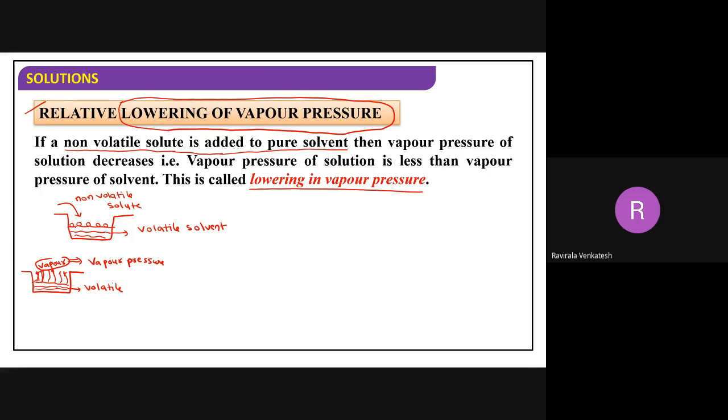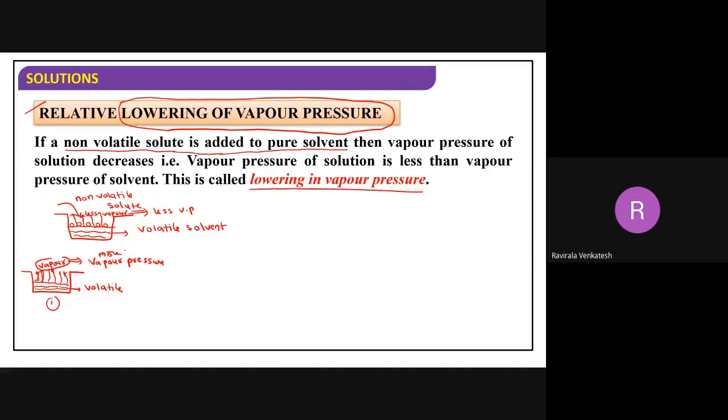But when you add a non-volatile solute, the number of particles which are evaporating becomes less when you compare with the first one. Less. Now we get less vapors here. When you get less vapor, definitely the vapor pressure will also be less. Here it will be more vapor pressure.